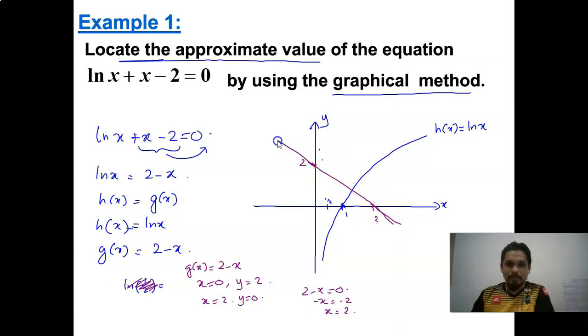This is the line of g(x) equal to negative x plus 2, or 2 minus x.